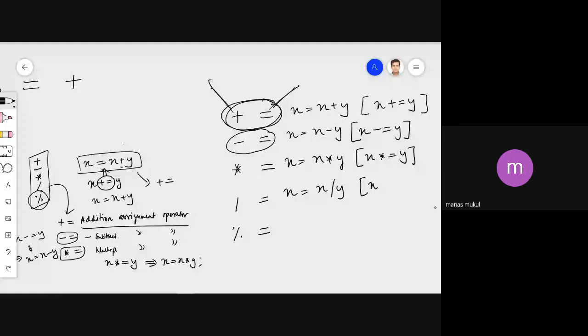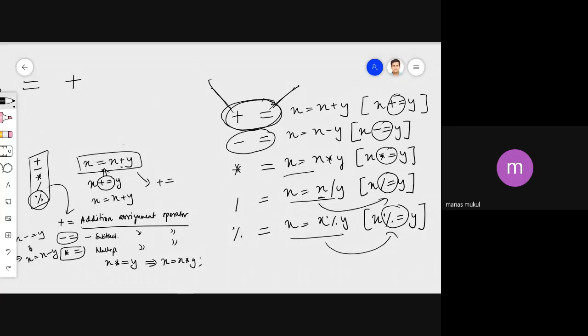And the last one, if you have x is equal to x percent y, this will give you the remainder. Like the division gives you the quotient, this gives you the remainder. So this will be written as x percent equal to y. Here we are combining the different operators, and both these expressions are similar to each other.